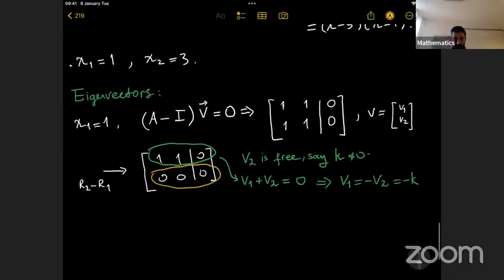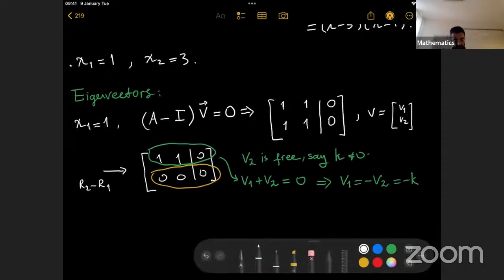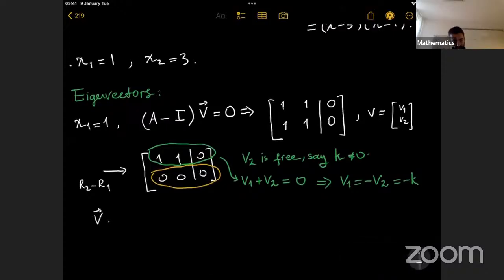This implies the eigenvector v is k times 1 and minus 1. Is that clear? So we found one eigenvalue and the corresponding eigenvector, then the solution.